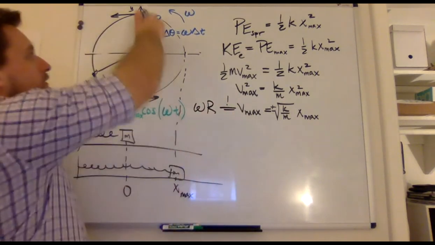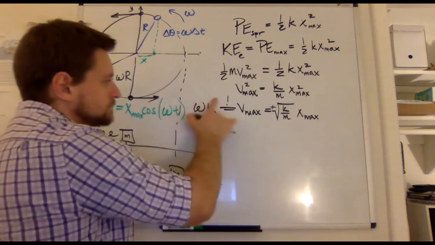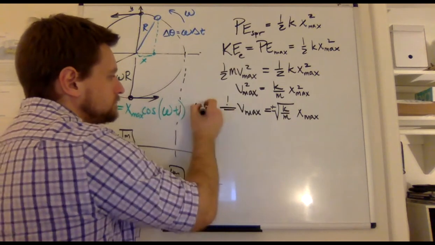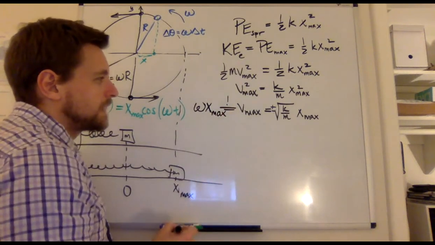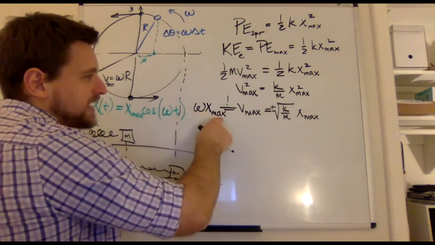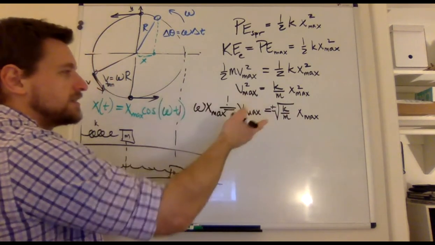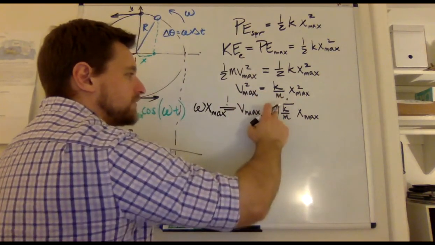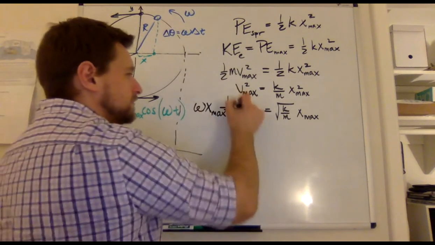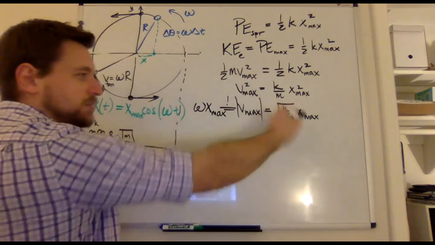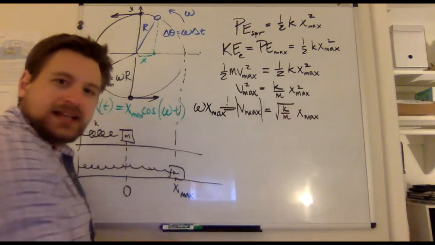But r, the radius of that circle that we're imagining, we said has to be x max. So omega x max needs to be equal to v max. Again, we could be going one side or the other, so I'm just going to get rid of that plus or minus. I think that's just confusing me. The magnitude, we'll write it this way, needs to be the positive square root, or omega x max. But then, all right, we've got an x max on both sides of that equal sign.